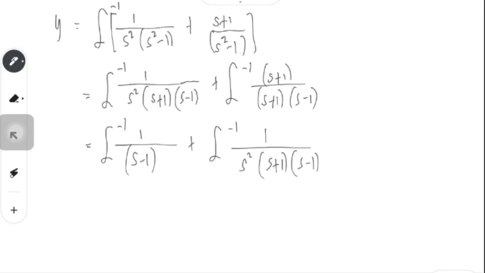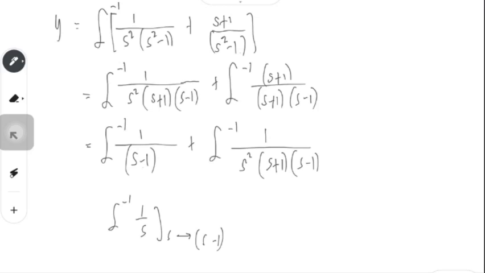Ito, pwede na consider natin yung first term. The inverse Laplace transform of 1 over s minus 1. Pwede mo itong gawin ganito na lang, but take note that your s is actually s minus 1. And theorem number 2, first shifting theorem.